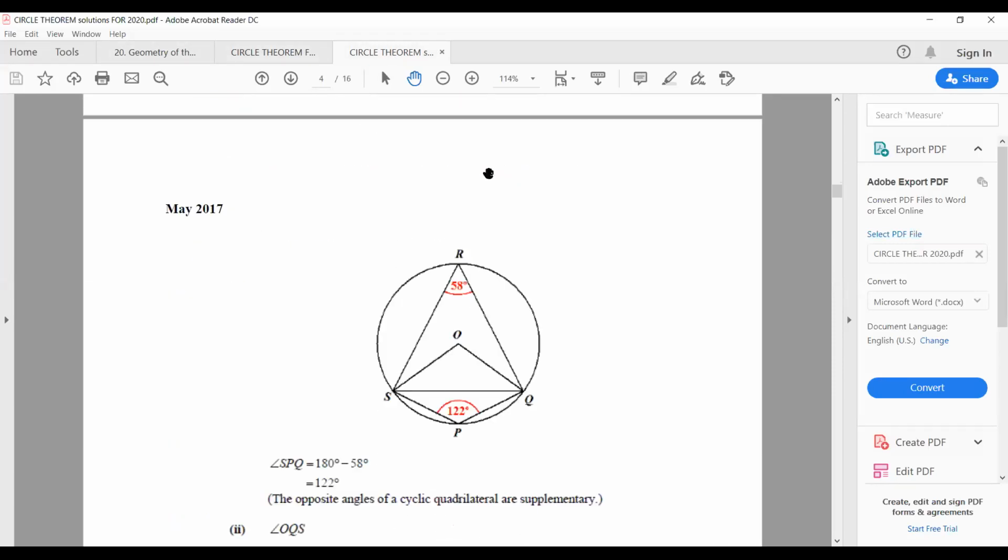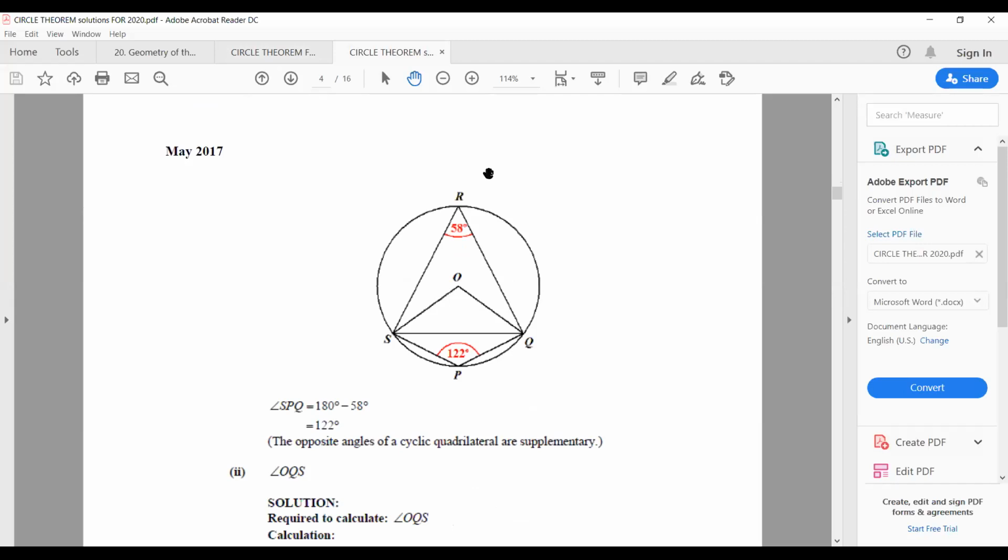For May 2017, I will send this to you all on Sunday, right? Because I'm going to give you all a question to do for homework, and I'll send it to you on Sunday morning when we're having class, after I finish correcting the homework. I only have homework for relations and functions, which I told you I would correct on Sunday.